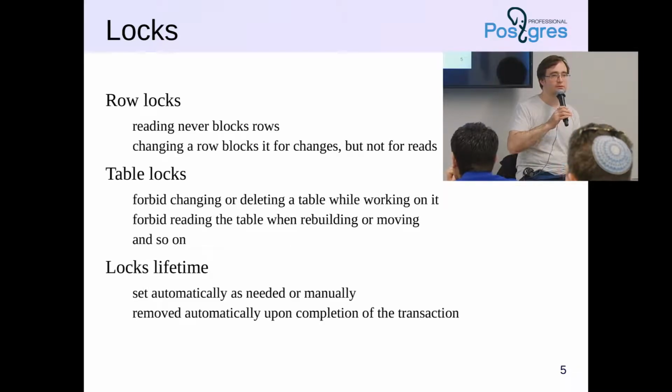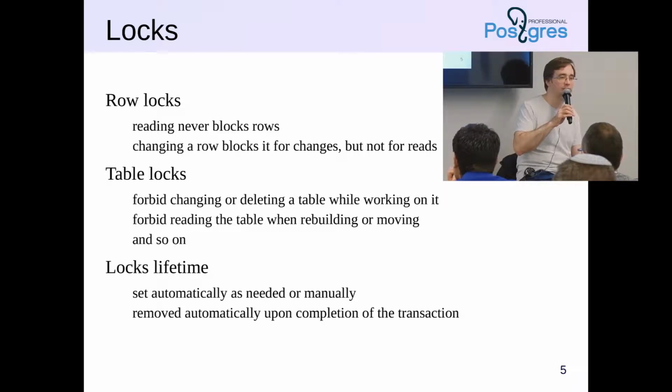But if you use isolation levels less strict than serializable, sometimes you have to lock some objects manually to prevent some anomalies. You can also do it. There are commands like SELECT FOR UPDATE or LOCK TABLE and so on. Sometimes you need to do it.